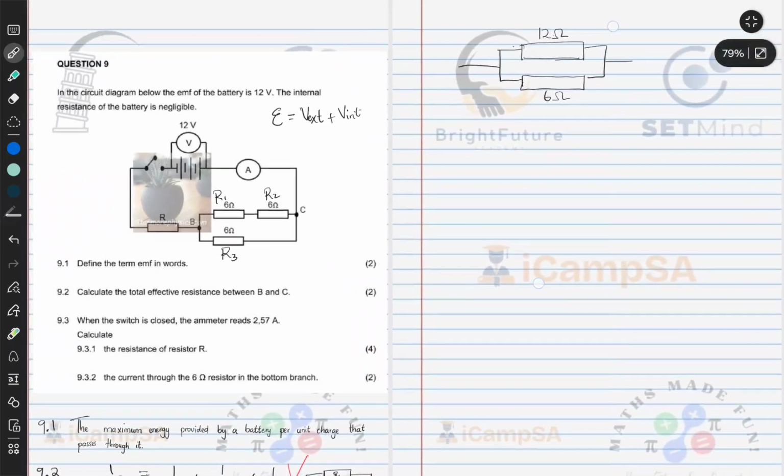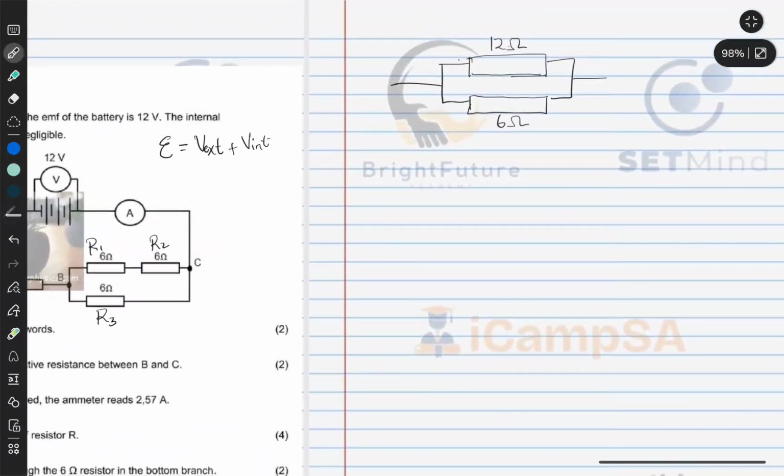So if we have this, you are more than welcome to say Rp is equal to R1 times R2 over R1 plus R2.